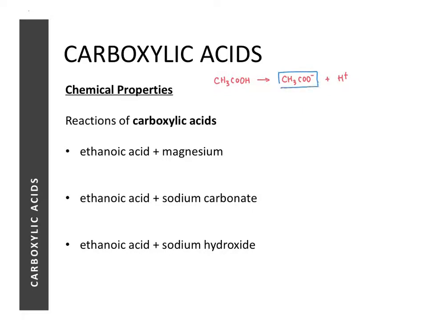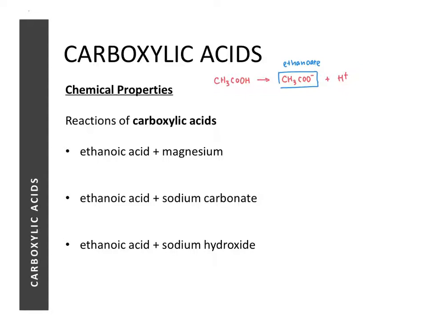Okay, this anion is called your ethanoate ion. Okay, so the salt that you get from reacting ethanoic acid with a metal, with a carbonate, with an alkali is obtained from ethanoate combining with a metal cation.